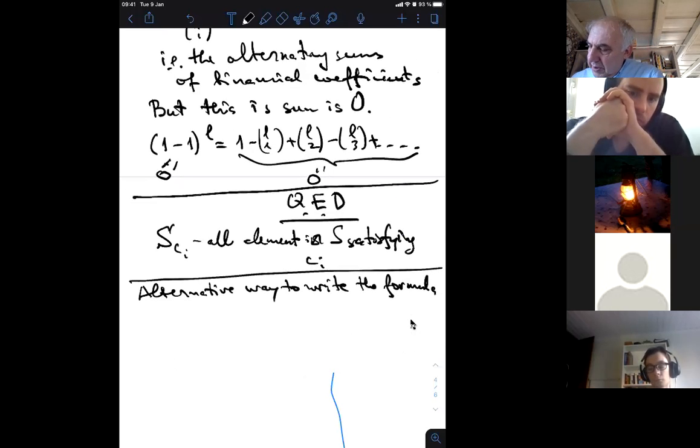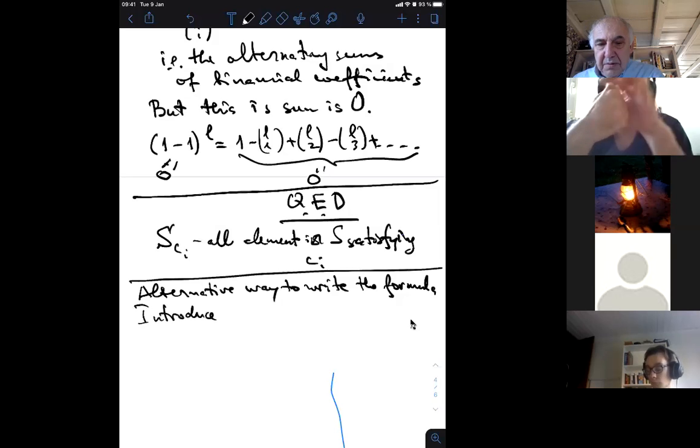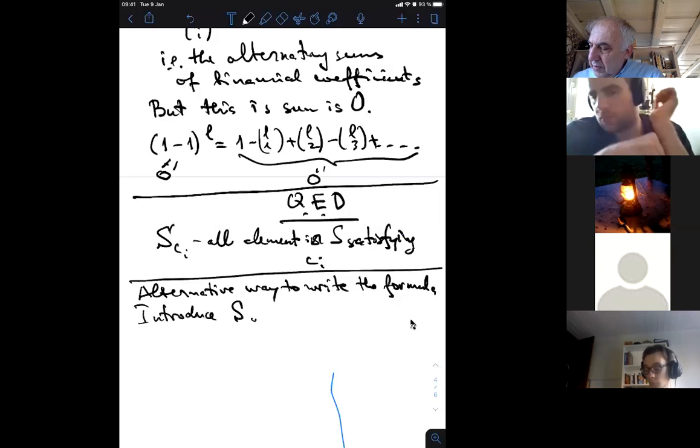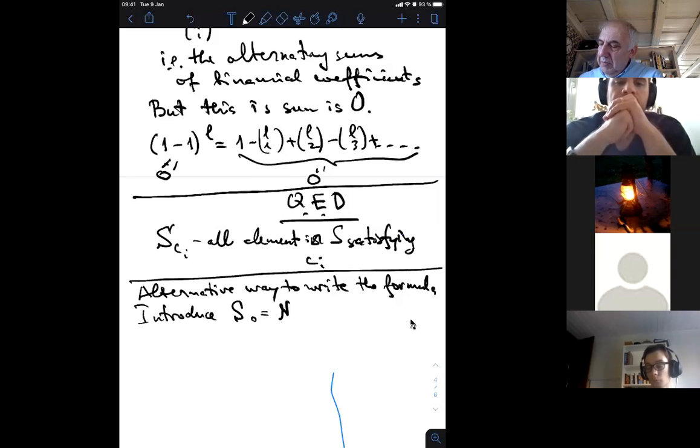Introduce S0, which would be n, the number of elements in the total set.